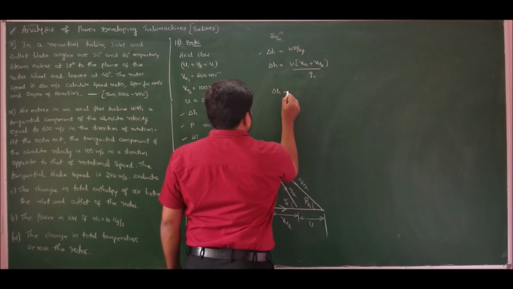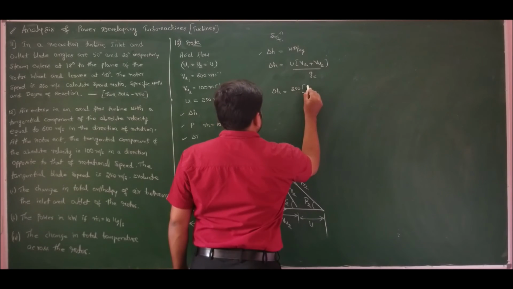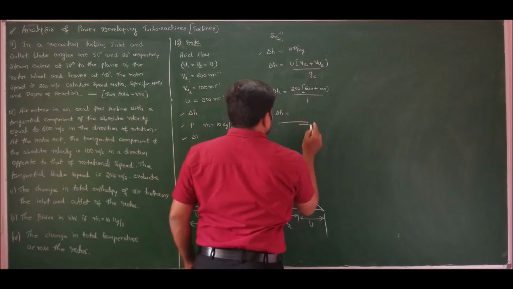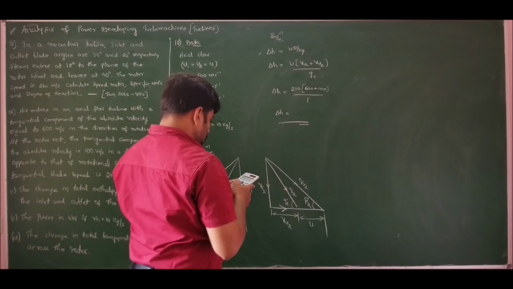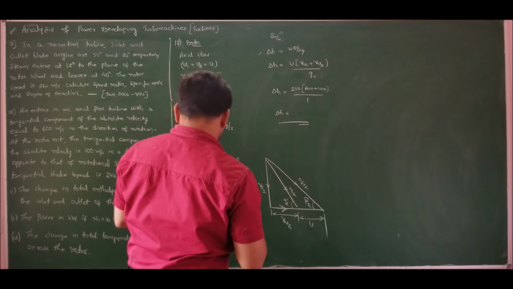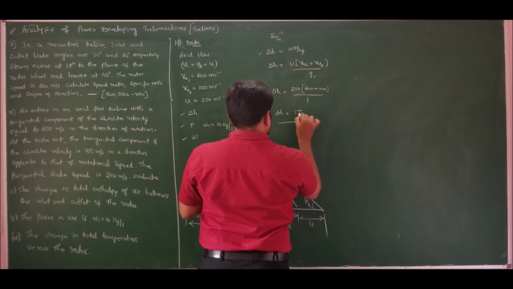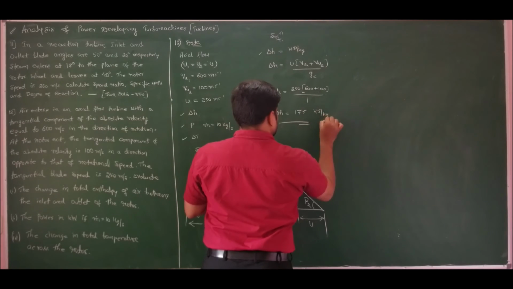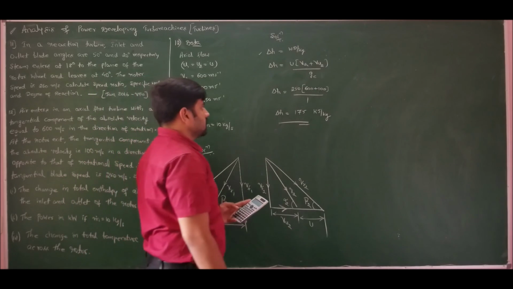So change in enthalpy for this problem will become 250 times 600 plus 100 by 1, that is 700 into 250, which is turning out to be 175 kilojoules per kg. I have divided the answer by 1000 to convert it into kilojoules.